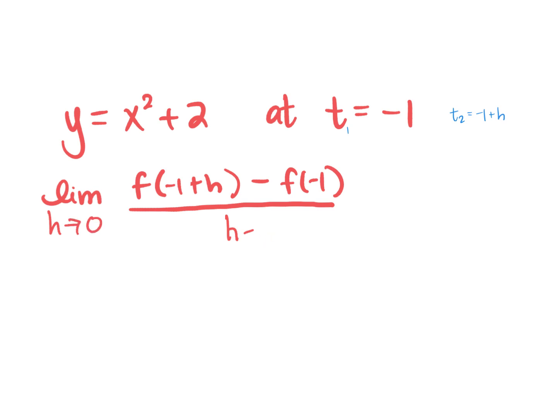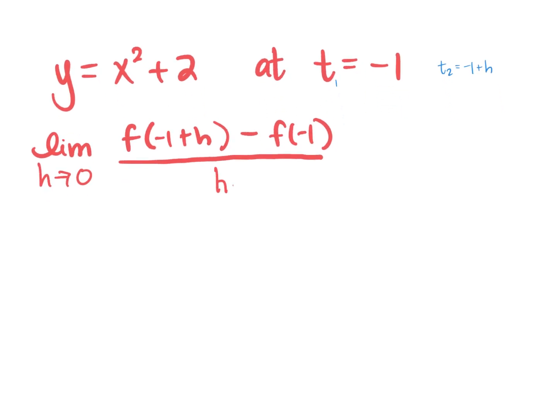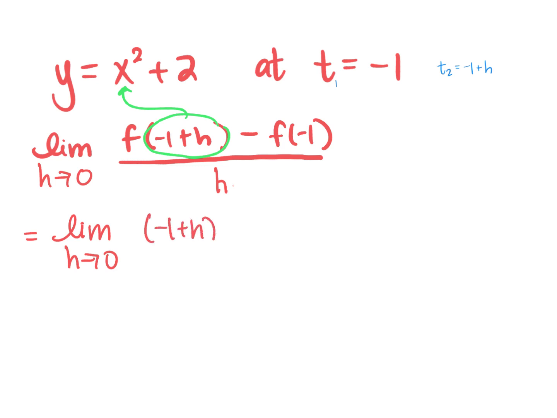I usually just don't put minus 0. Okay, let's work this out. It's going to work out to be exactly the same. The limit as h approaches 0. So f of -1 plus h means plug -1 plus h in parentheses into the equation. So that's going to give me -1 plus h squared plus 2.